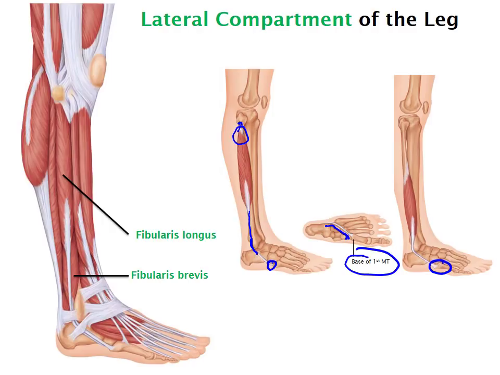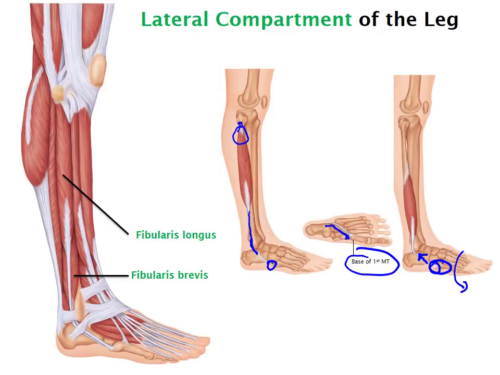Violent inversion of the foot may cause an avulsion of the tuberosity of the fifth metatarsal, in which the tendon of the fibularis brevis pulls so strongly eccentrically during inversion, so as the foot is turning inward, you have a contraction of brevis which pulls on the tuberosity of the fifth metatarsal so hard that it separates from the base of the metatarsal itself.